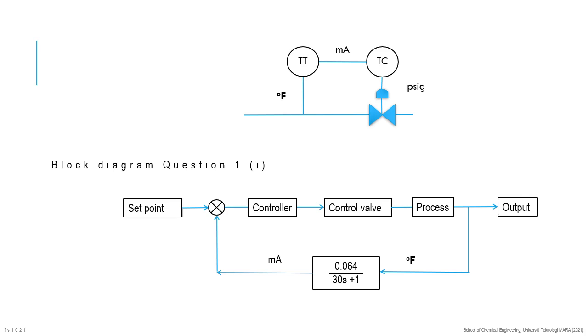The third figure shown in the slide is the drawing of the temperature controller in a P&ID diagram. The TT symbol represents the sensor transmitter combination, which receives a signal in degrees Fahrenheit and transmits an electronic signal in mA to the TC, which represents the temperature controller, transferring a signal to the control valve in PSIG unit.